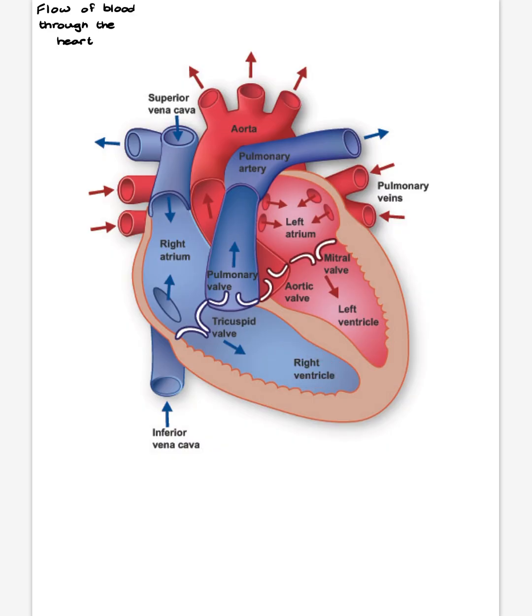At this point, we are ready to build pressure and eventually force open this pulmonary valve right here. As that occurs, blood will flow through that pulmonary artery and then out towards our lungs. So these are going towards lungs on both sides, here and here.